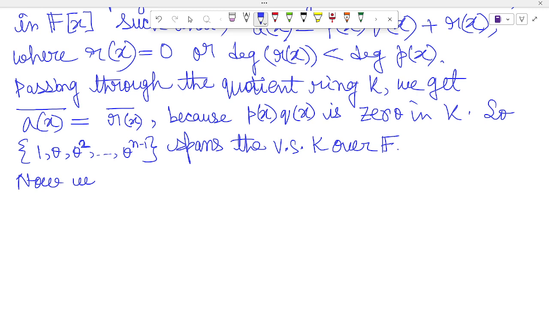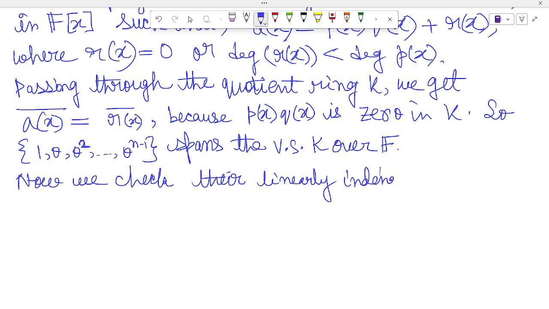Now we check their linear independence. So, for example, if possible, assume that they are not linearly independent.